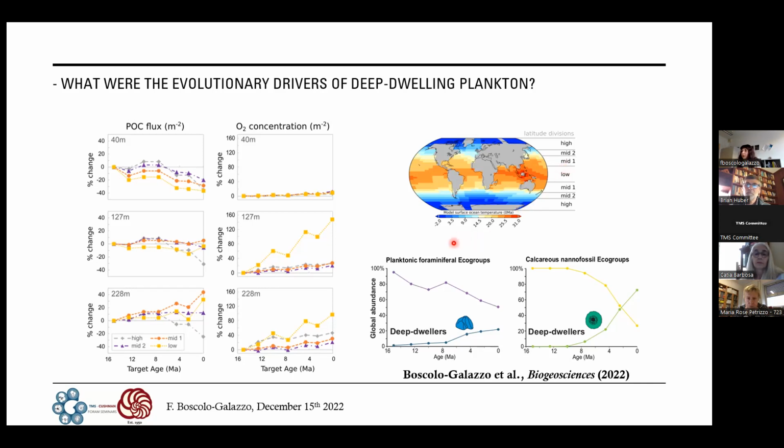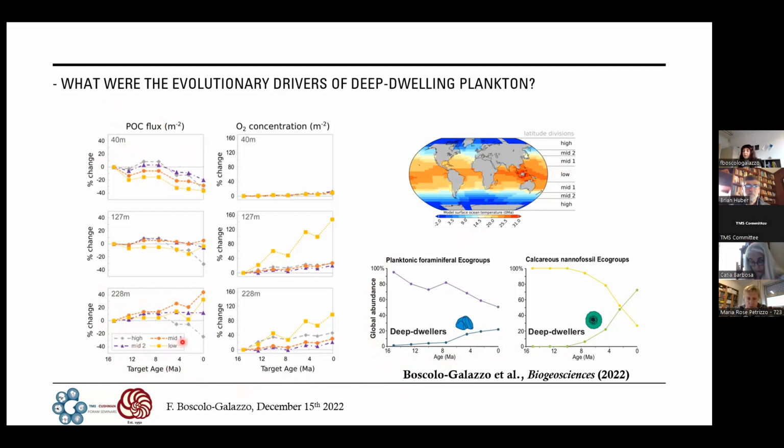For now, I'm just going to say that the increase in abundance of deep dwelling species over time parallels this increase in POC flux below the euphotic zone, at about 230 meters depth. It also mirrors this decrease in POC flux export from the surface.